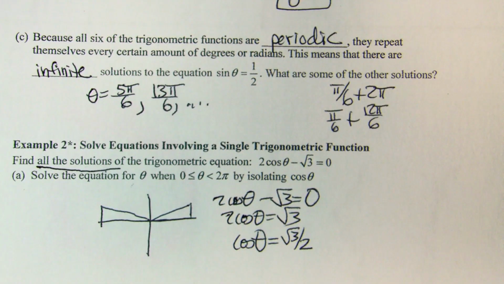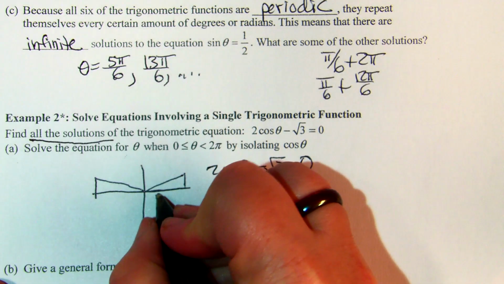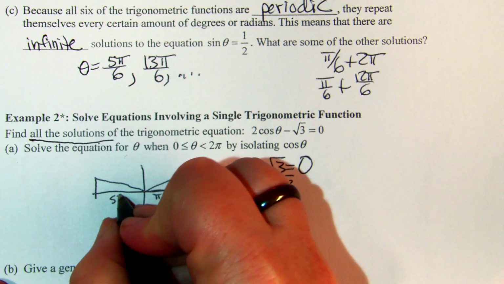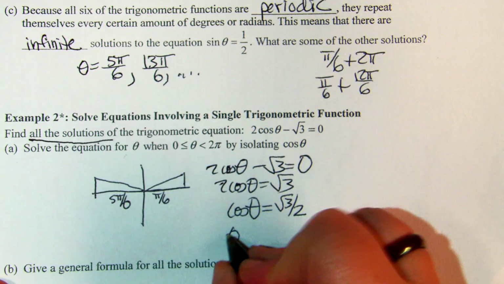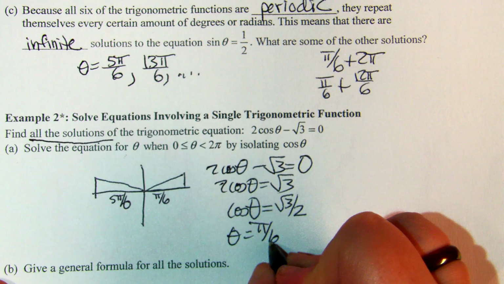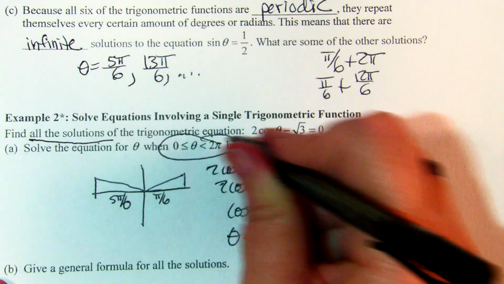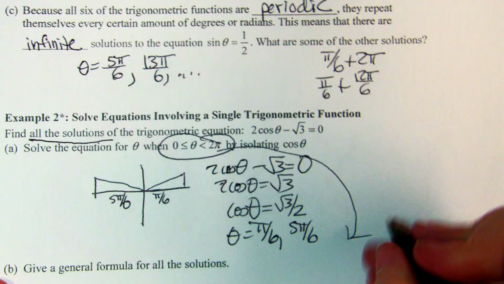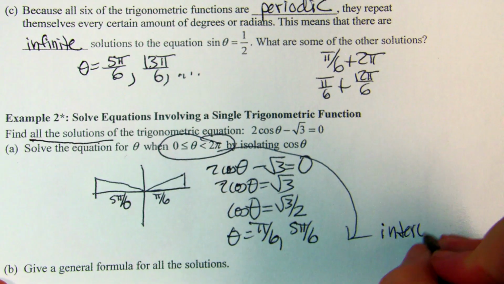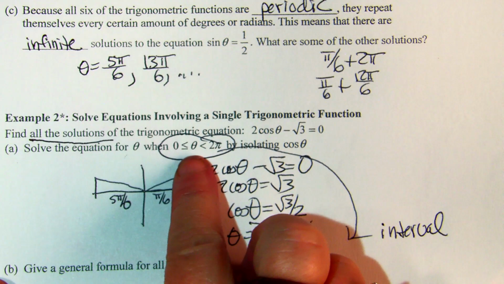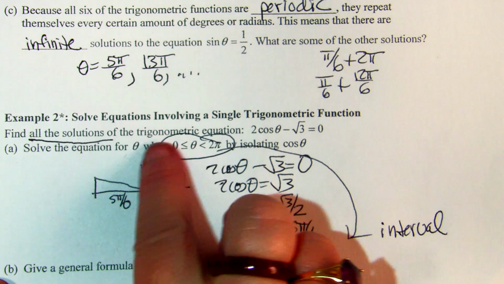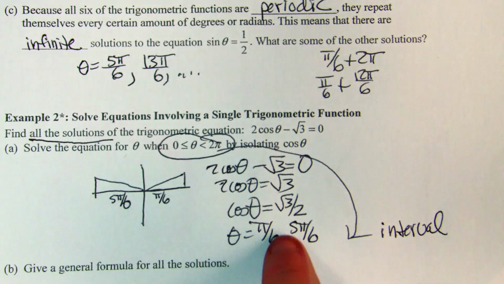So it looks like this. And it would be pi over 6 and 11 pi over 6. That's between 0 and 2 pi. That's in an interval. Between 0 and 2 pi, going around the circle once, those are the two answers that we get.